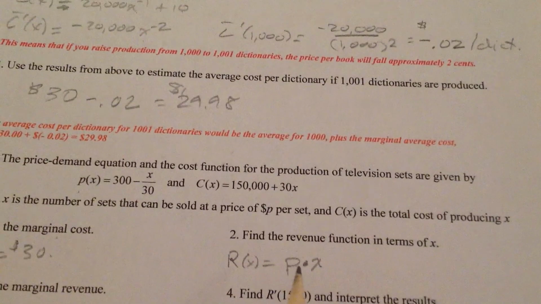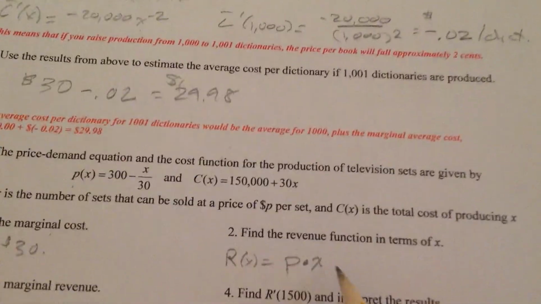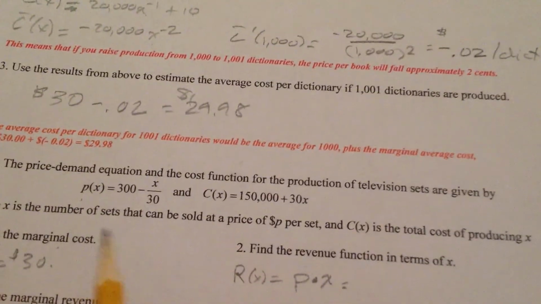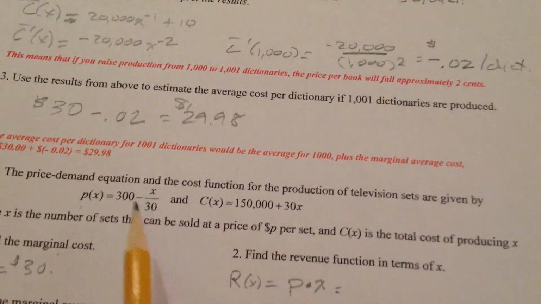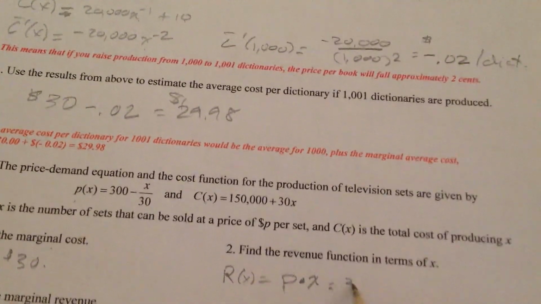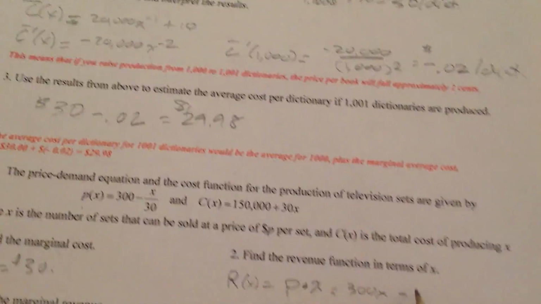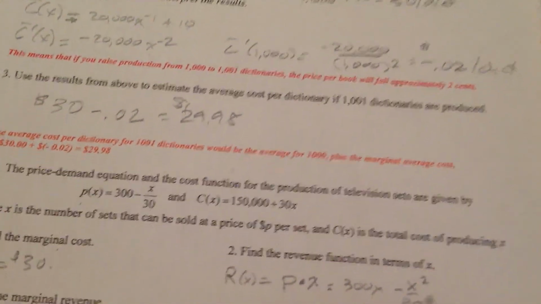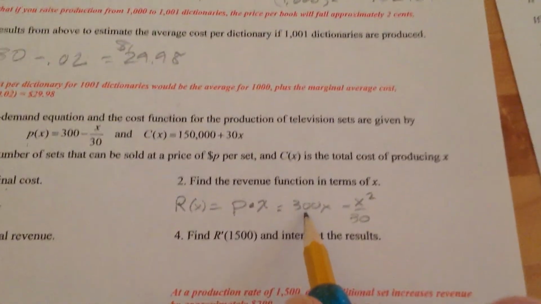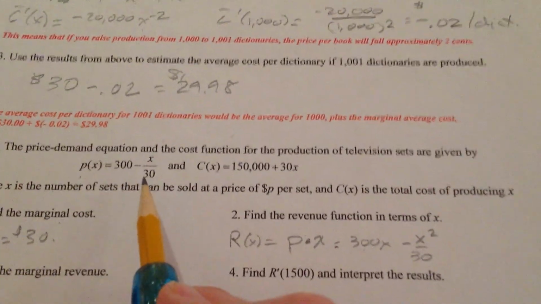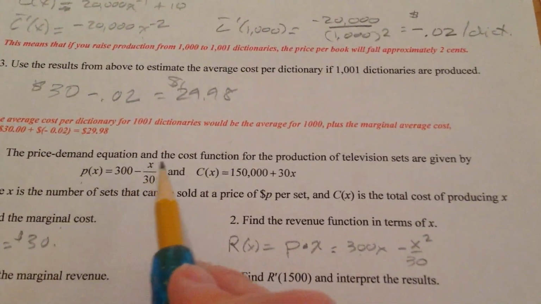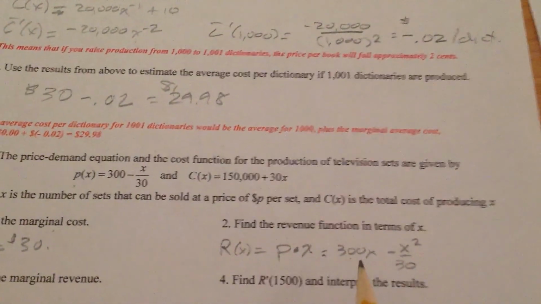This is a little p for price. So the revenue function is going to be (300 minus x) over 30, times x. So it will equal 300x minus x squared over 30. Again, I take the price function and all I do is multiply it by x, so each of these gets multiplied by x. So this is my revenue function.